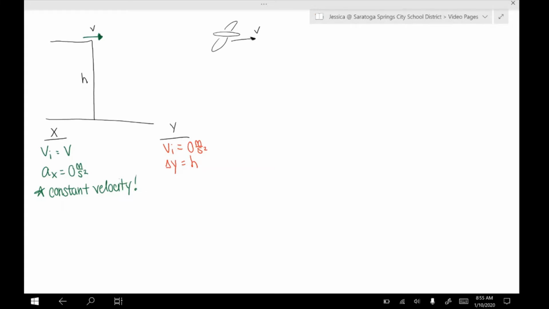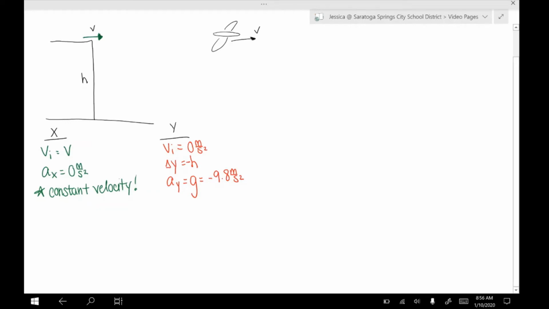The only force acting in the Y direction is gravity. If the only force acting in the Y direction is gravity, that means the object is in free fall, so our acceleration in the Y direction is g, or negative 9.8 meters per second squared. And really, I should make this h negative since we're traveling downward.